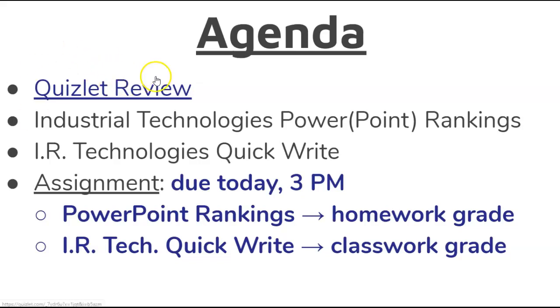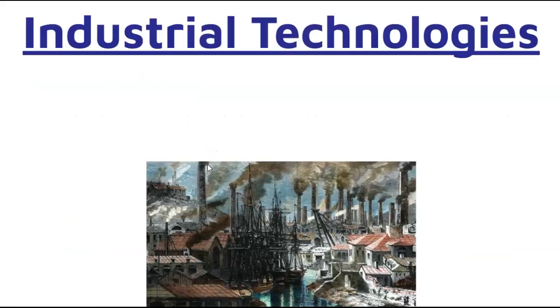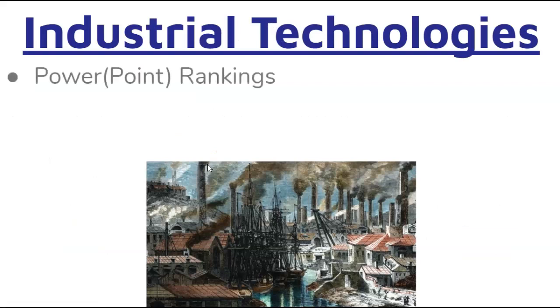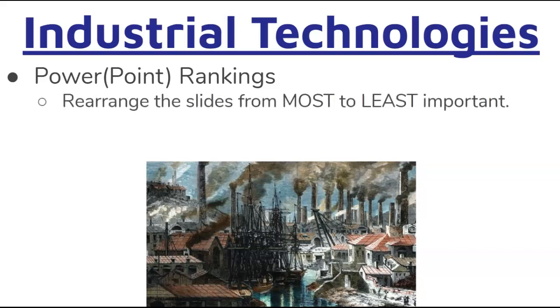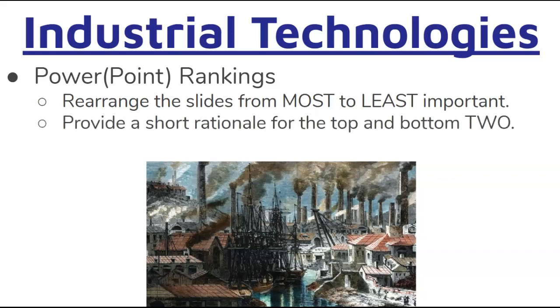So first thing, study Quizlet. Second thing, and make sure you do this in order, we are talking about the importance of these technologies. What you are going to do is rearrange the slides in a Google Slides presentation that's on Google Classroom, from most to least important. Between the 7 different technologies, you will rearrange them from most to least.